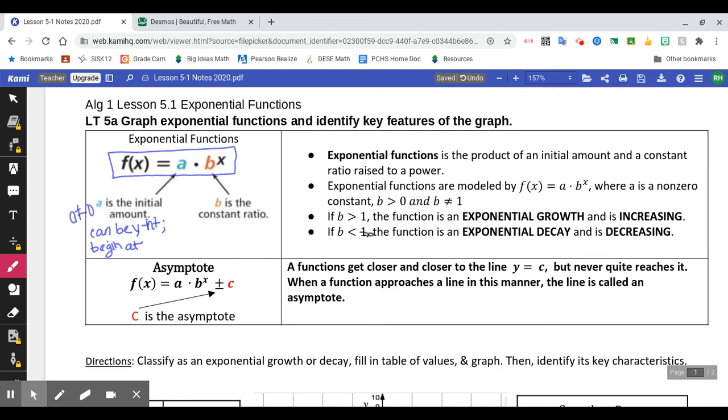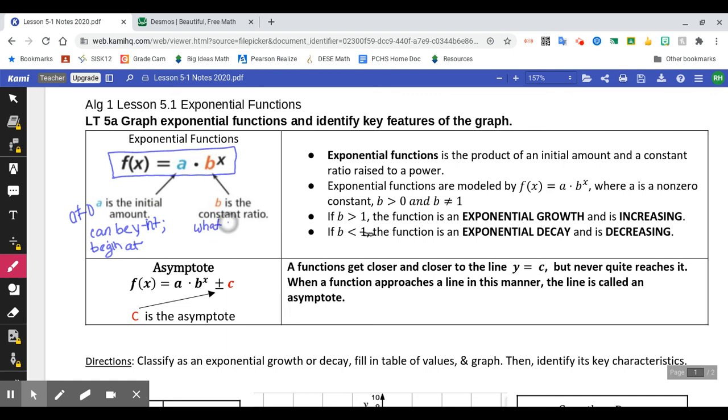B is the constant ratio. So just like in a linear, with our slope that happens over and over and over again, because it's constantly going rise over run, B is the constant ratio here. So it's what you're multiplying by every time.